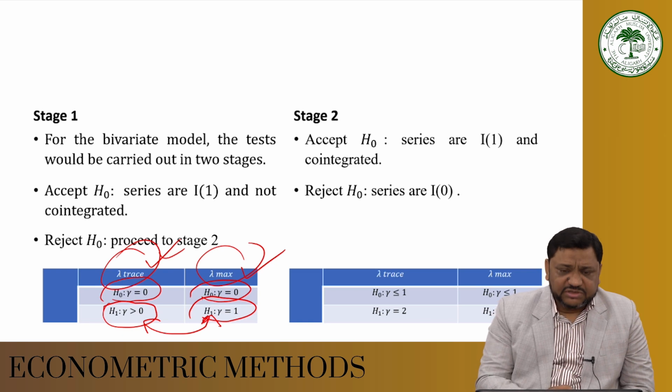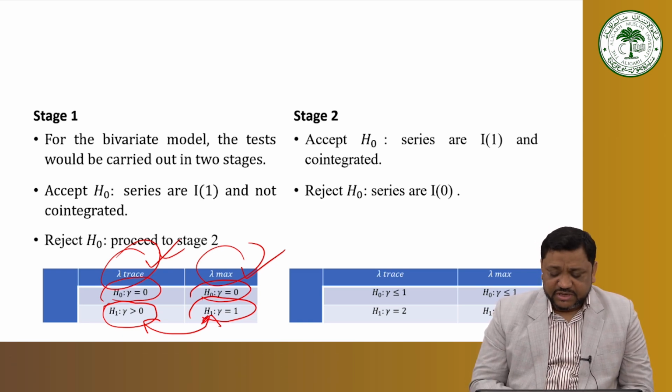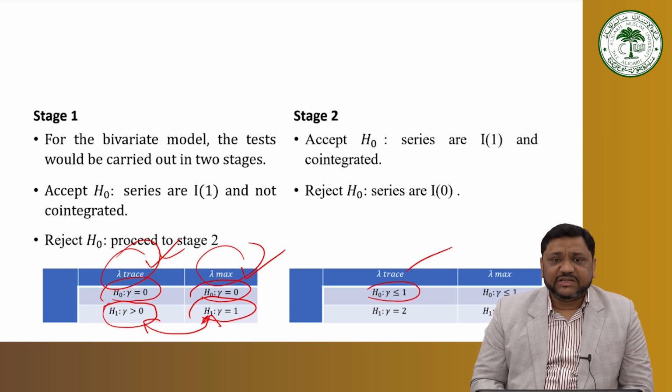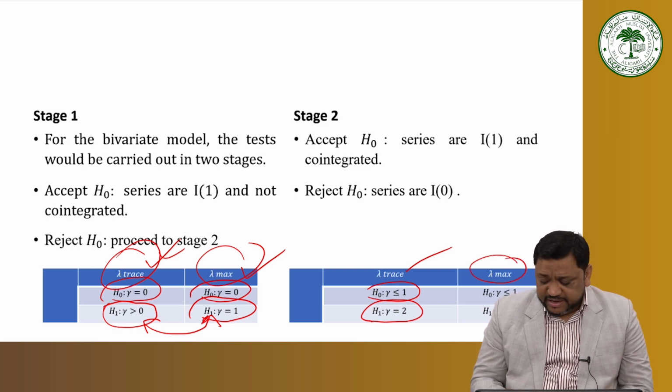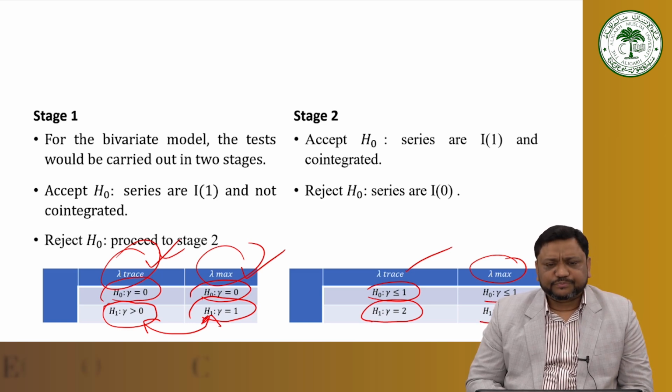Once this is done, we move on to the next stage. Here H0, the null hypothesis for the trace case, is gamma less than or equal to 1, and H1: gamma is equal to 2. For the max, it is the same: H naught gamma is less than or equal to 1, H1: gamma is equal to 2.